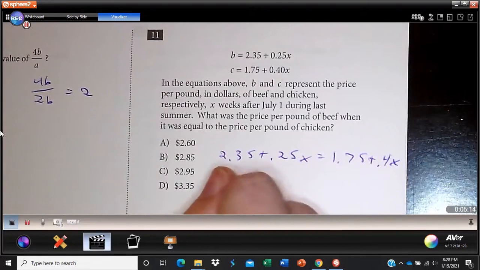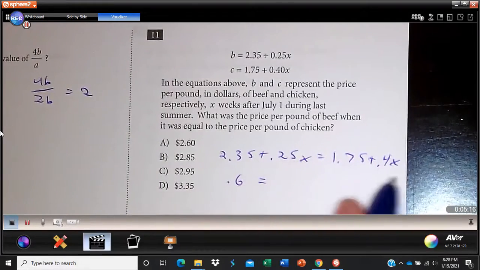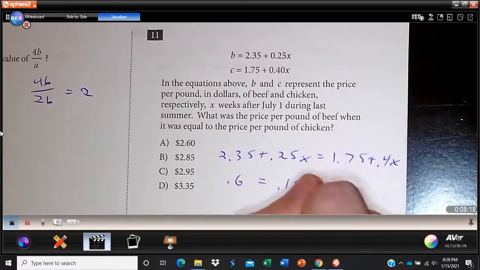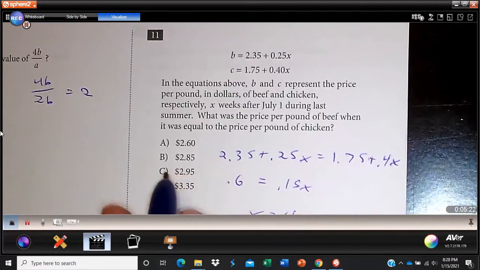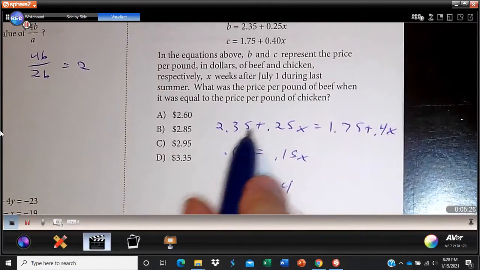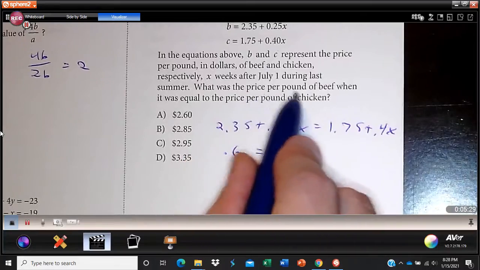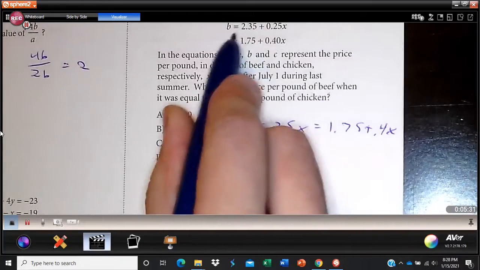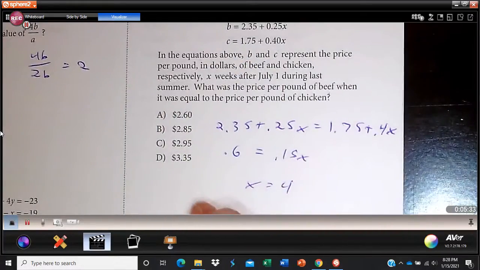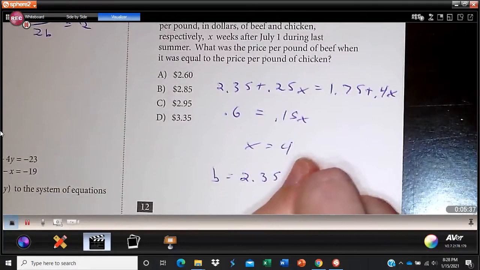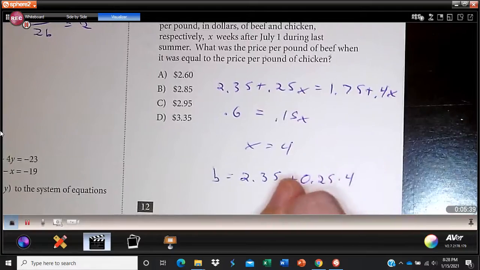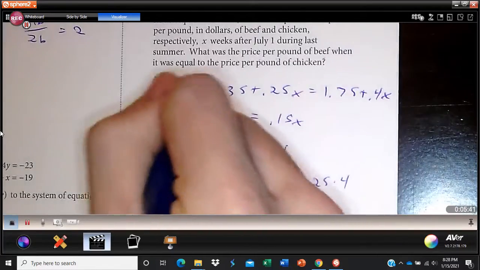Now 0.6 is equal to 0.15x, so x is equal to 4. Normally I would look for x equals 4, but that's not an answer choice, so now I have to reread the question. What is the price per pound of beef? So they're looking for the B value. 2.35 plus 0.25 times 4, that's 2.35 plus 1, so that's 3.35, so that's D.